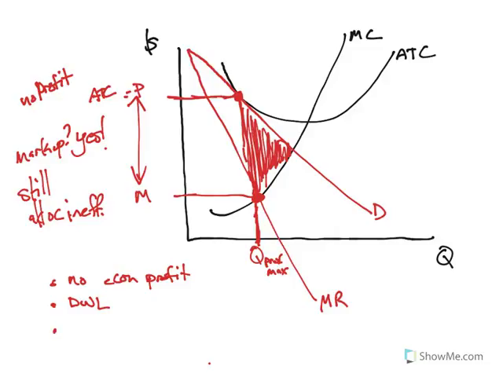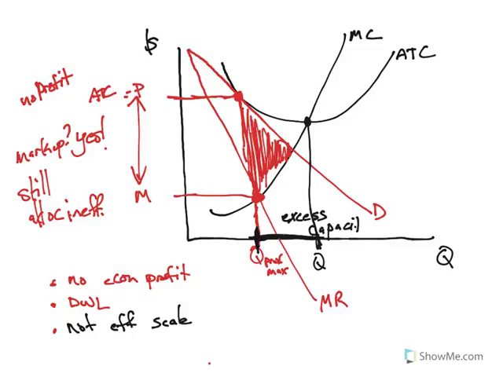Are they at least producing at an efficient scale? No. In fact, they're producing a lot less than efficient scale. In fact, we have a special word for that too. There's a difference between what they're producing and what they could be producing. That's called excess capacity.